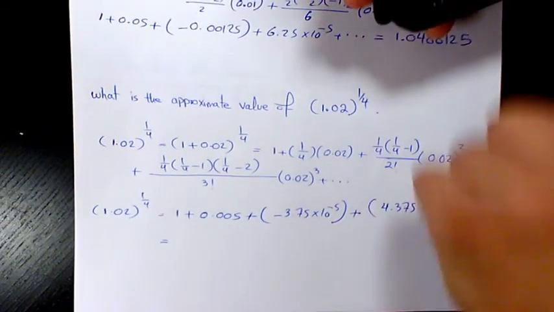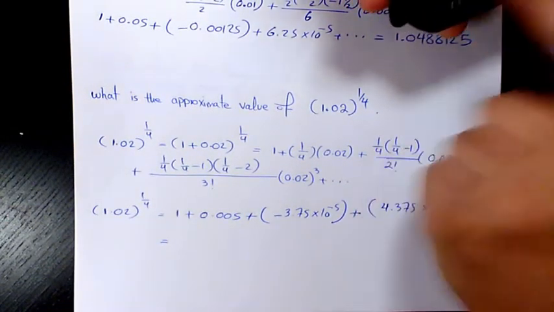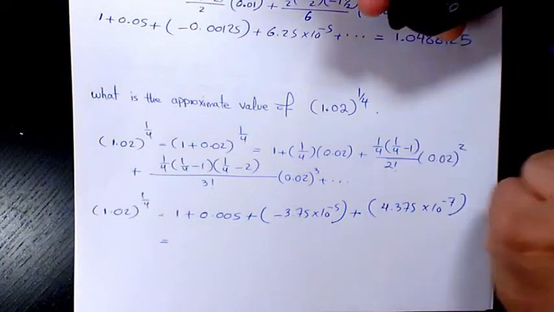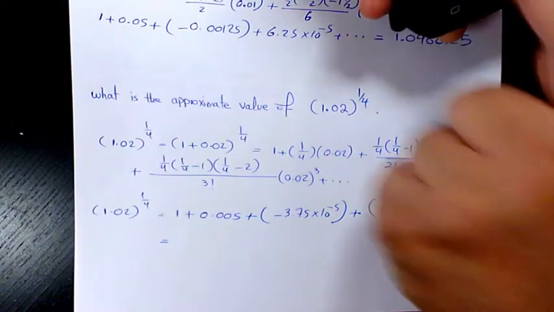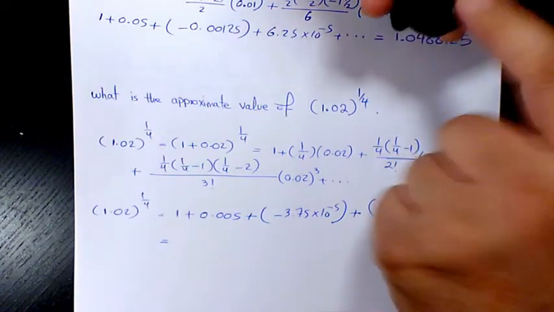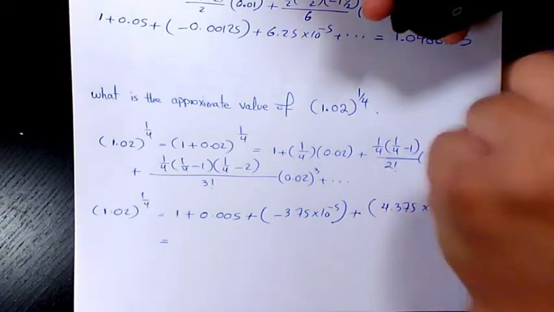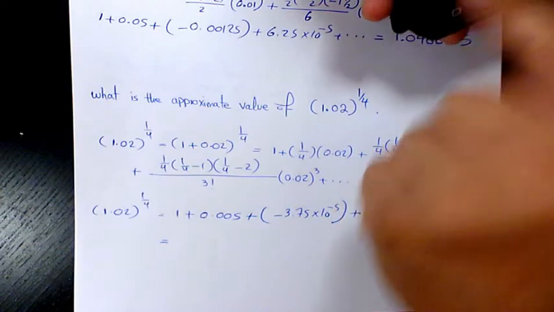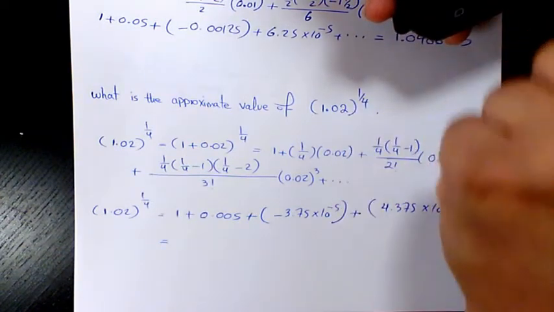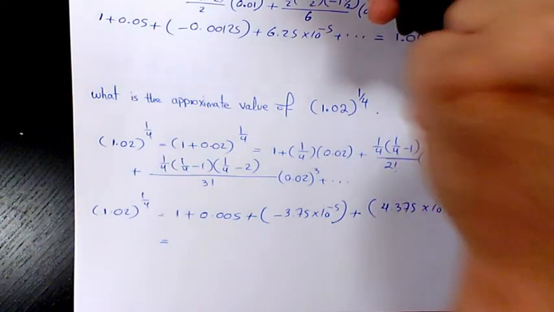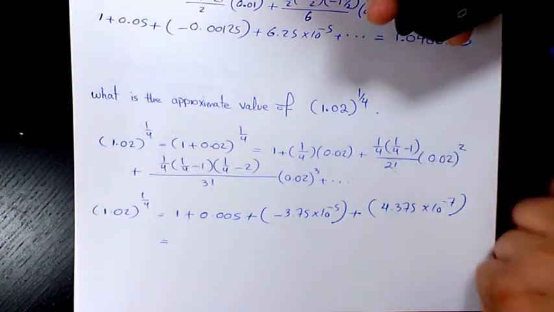So when you add them, 1 plus 0.005 plus 3.75 times 10 to the power of negative 5 plus 4.375 times 10 to the power of negative 7.